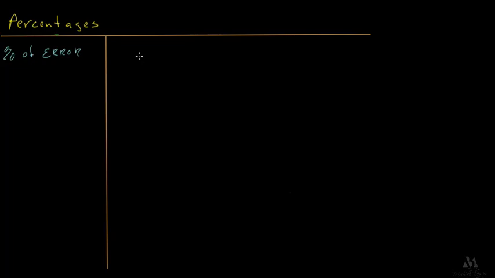So the percent of error is going to look something like this. This is going to be our measured value. We're going to subtract out our known value all over our known value.